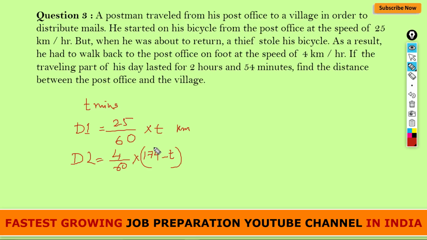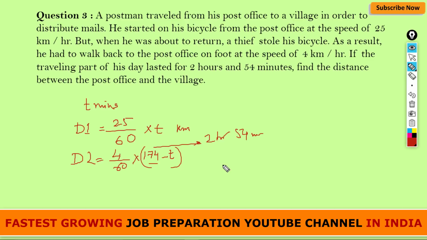Because 2 hours and 54 minutes we need to convert. 2 hours you will multiply by 60, plus 54. That comes to 174. That's why we have taken 174, because the total time was 174, and we have previously taken the time taken from the post office to the village as t. So we will subtract it, whatever it comes.